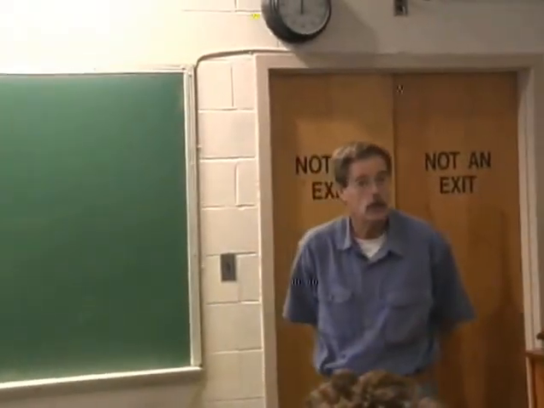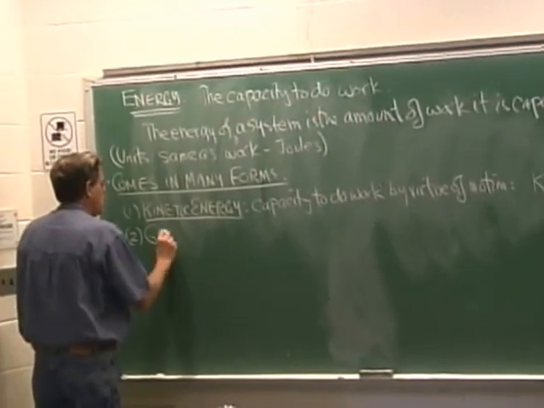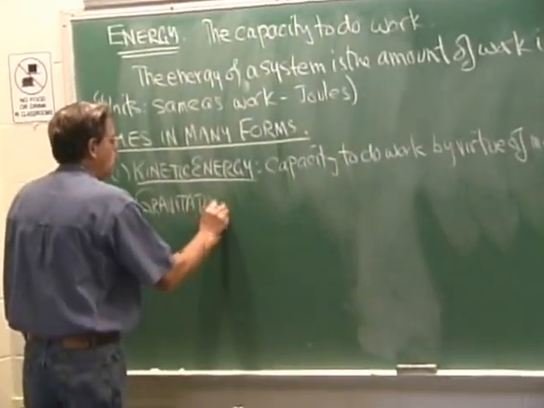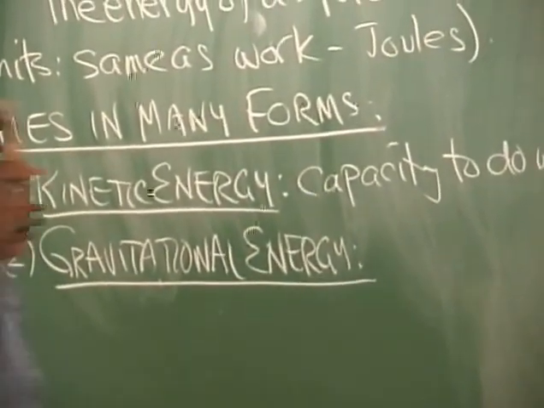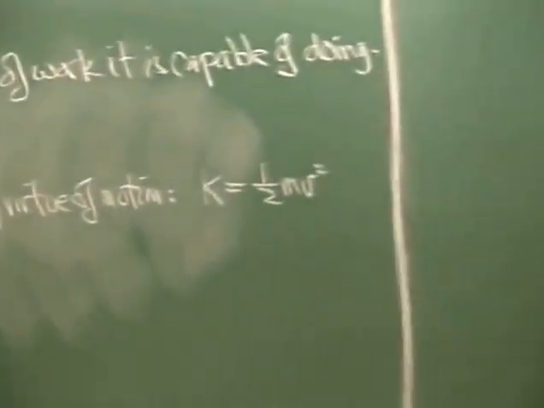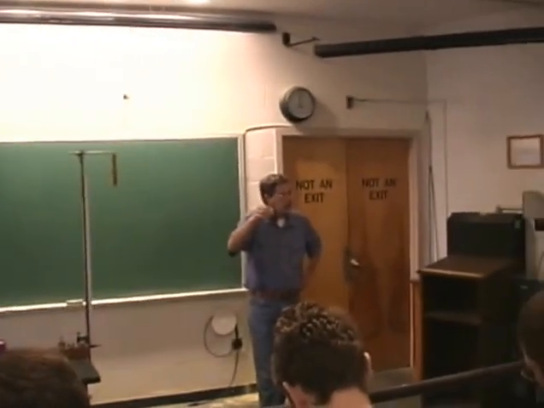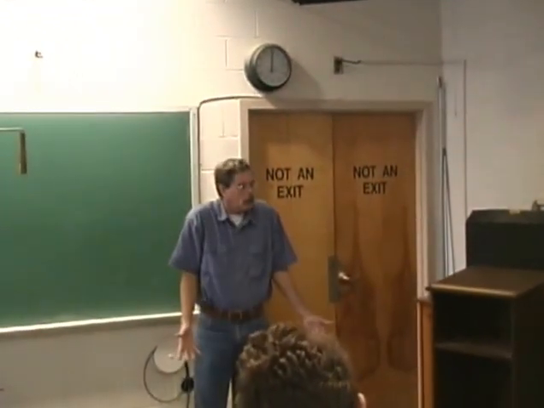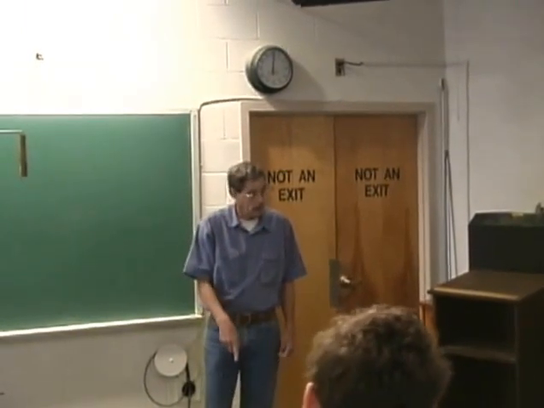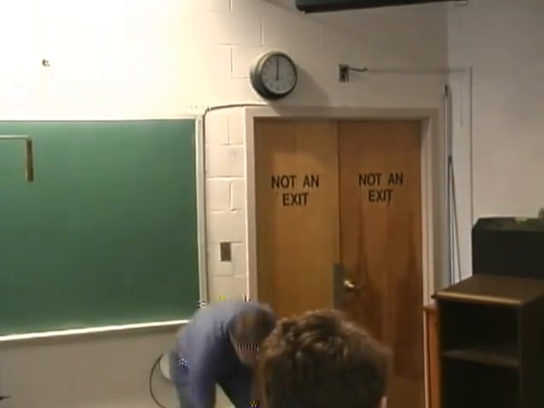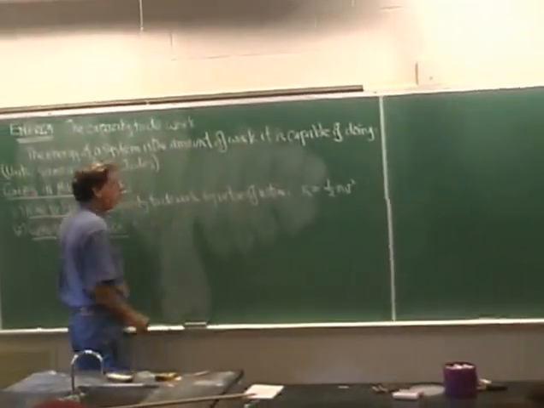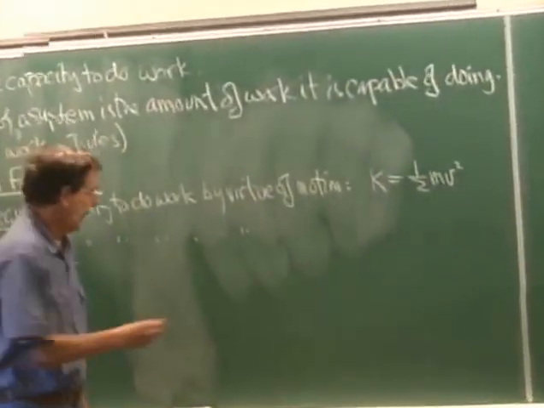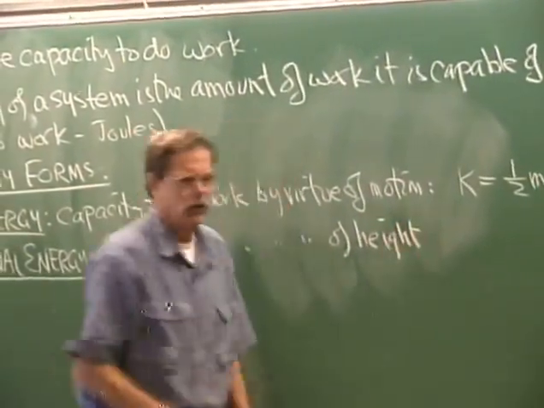An object moving has kinetic energy. Then gravitational energy is capable of doing some work, something like that. It depends on how high the object is.